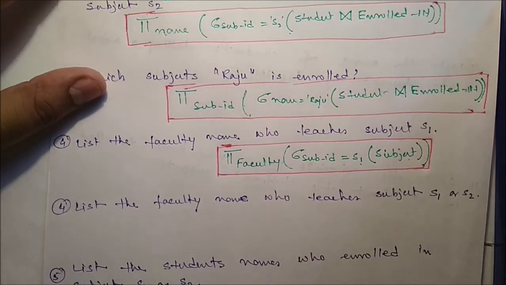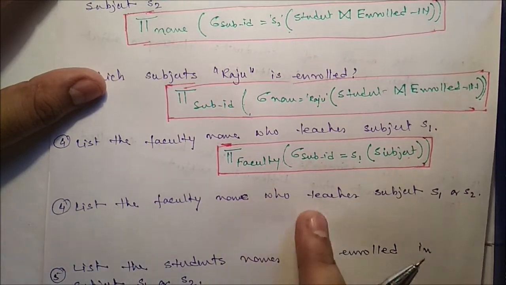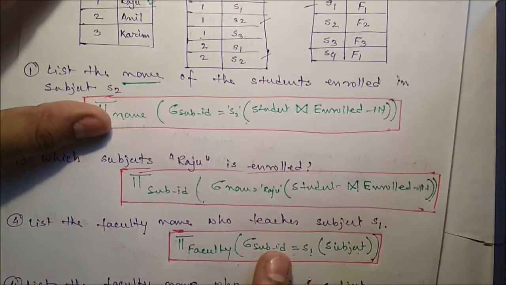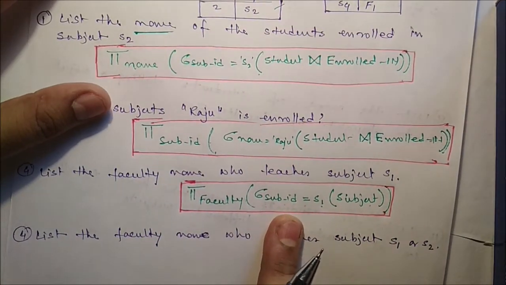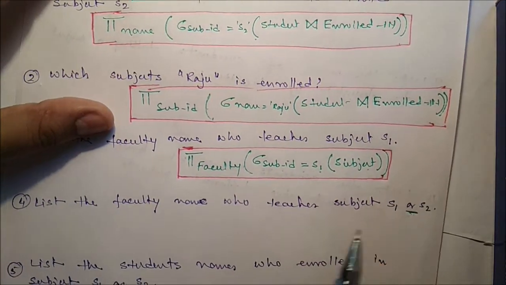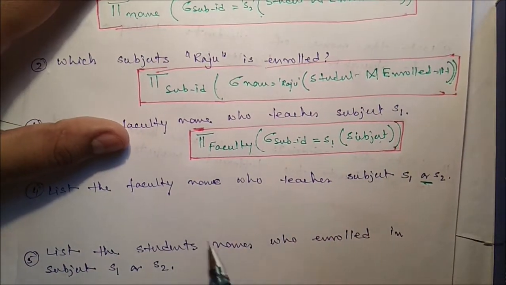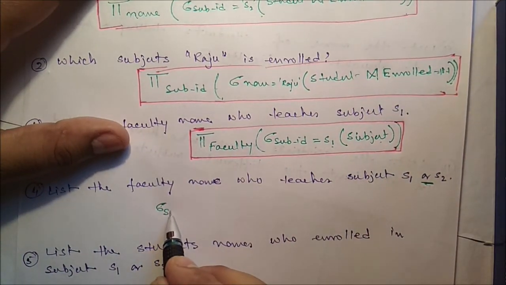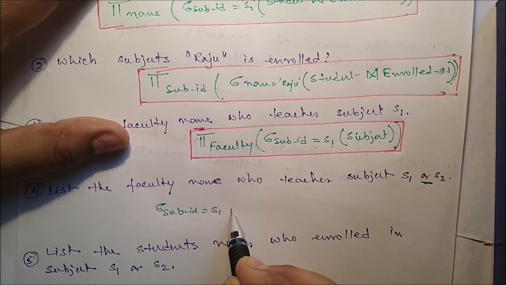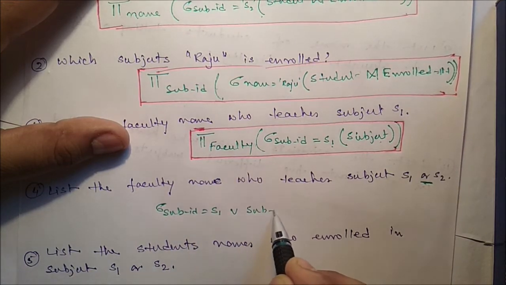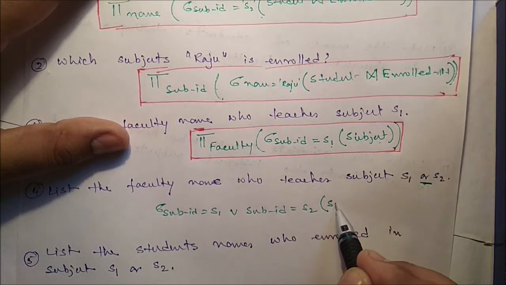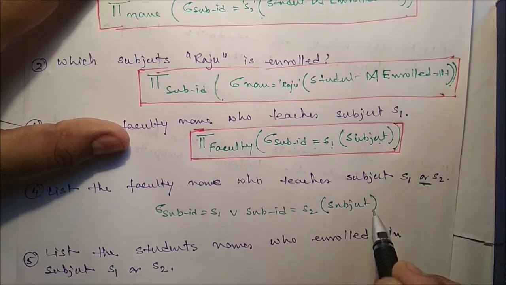Next one is: list the faculty name who teaches subject S1 or S2. Here we mentioned only a single subject ID, but if it is an or, it is very simple. We write the condition: subject ID is equal to S1 or subject ID is equal to S2 from the table subject.